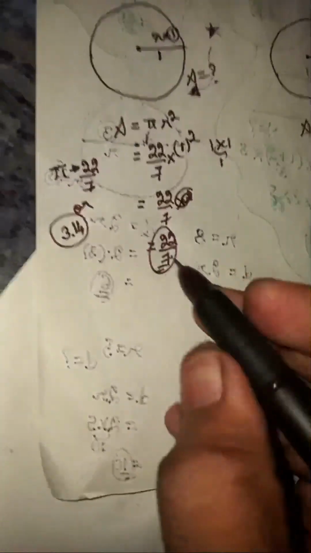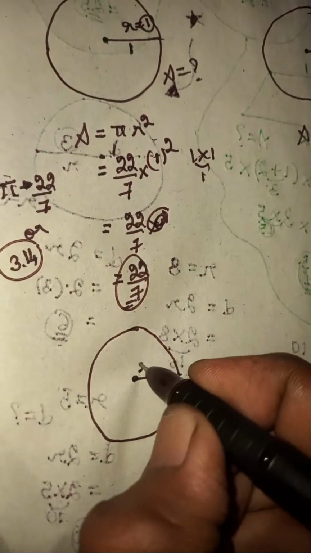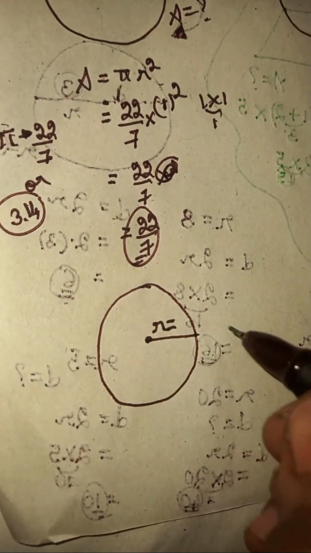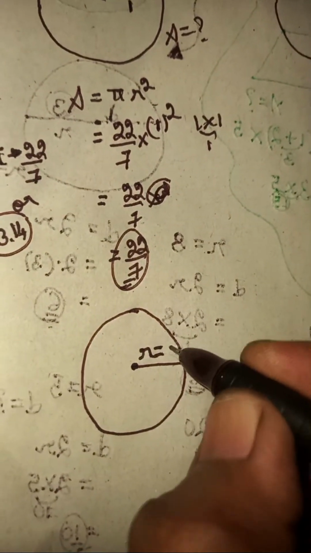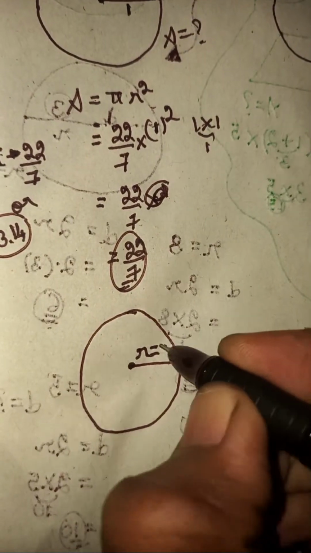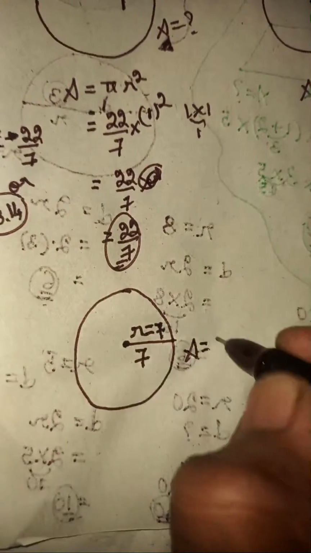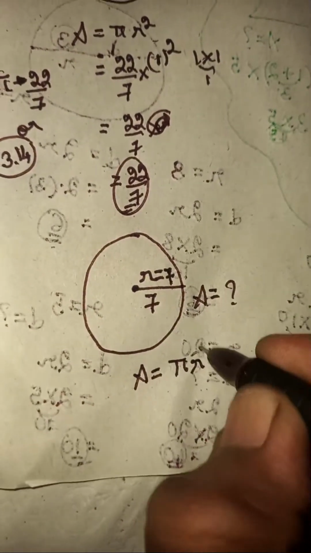Let's take even one more circle. In this circle, they have given the radius, let's write it as 7 units. Now find out what's the area. Here also the same, area is pi r square.